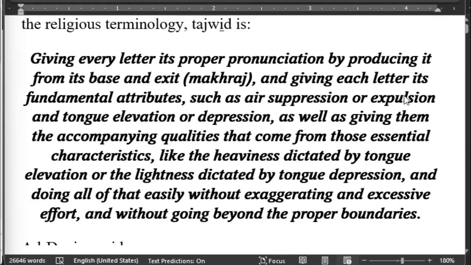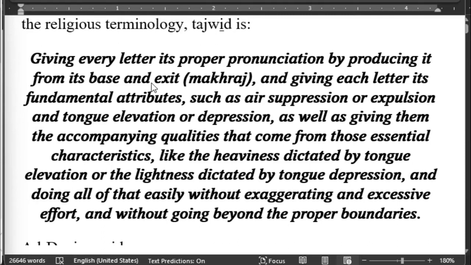They also come from the same exit. If they come from the same exit, then how come they don't sound the same? Because they have different attributes. So one of them expels the air, that's ta, and one of them suppresses the air, that's dal.